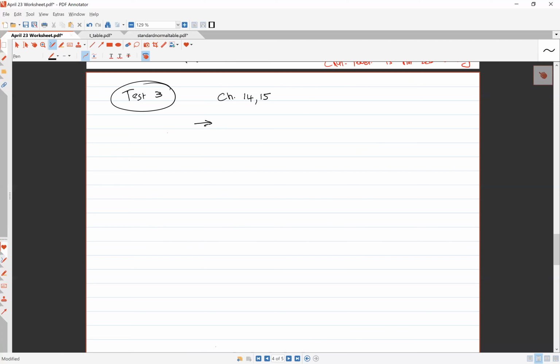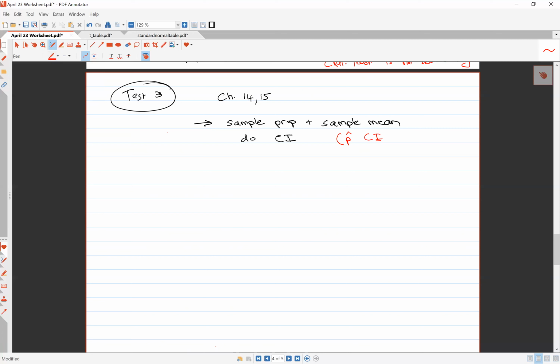What should you be prepared for? You should be able to, for a sample proportion and also for a sample mean, do a confidence interval.